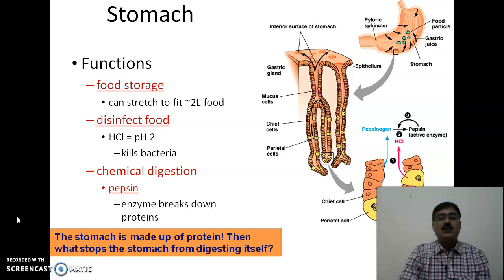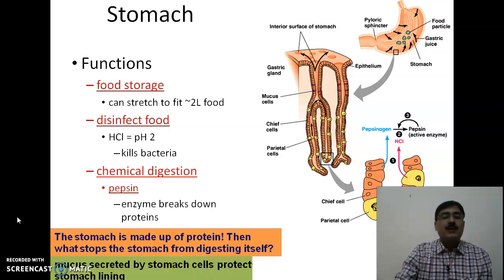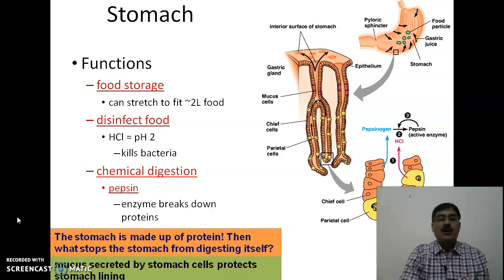What stops the stomach from auto-digesting itself? The mucus secreted by stomach cells protects the stomach lining, as well as the presence of tight junctions, and regularly the mucosal layer of the stomach is renewed, and all these factors are responsible for preventing the auto digestion of the stomach.